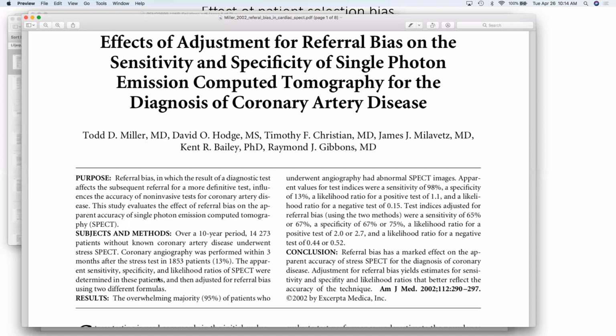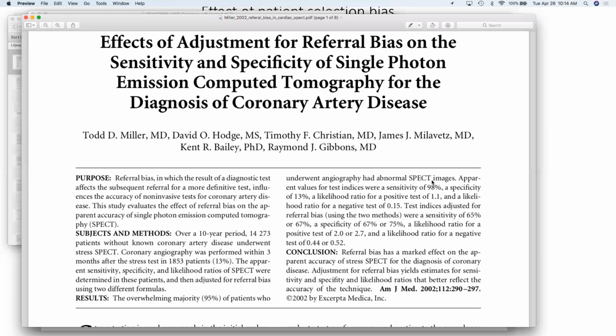And so the apparent sensitivity and specificity and likelihood ratios of SPECT were determined in these patients and then adjusted for referral bias. The overwhelming majority, 95% of patients who underwent angiography, had abnormal SPECT images. Okay, so herein lies the rub.